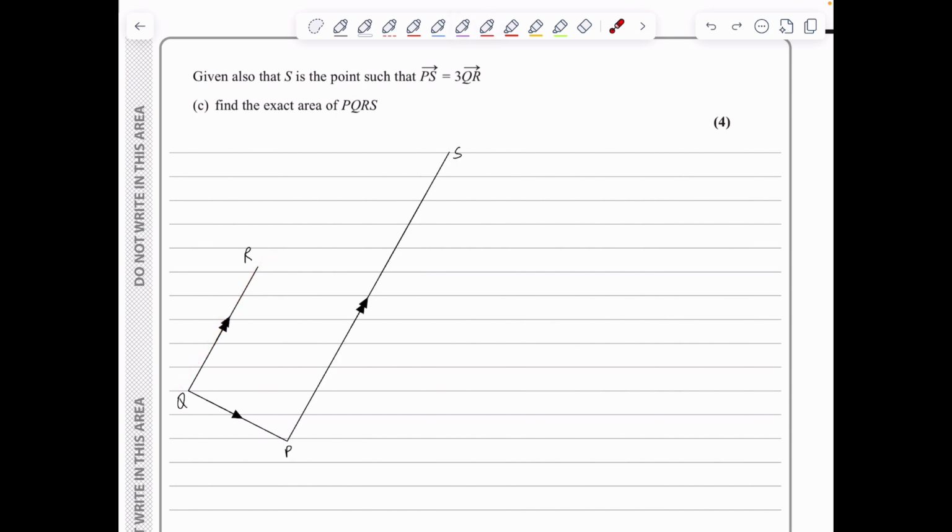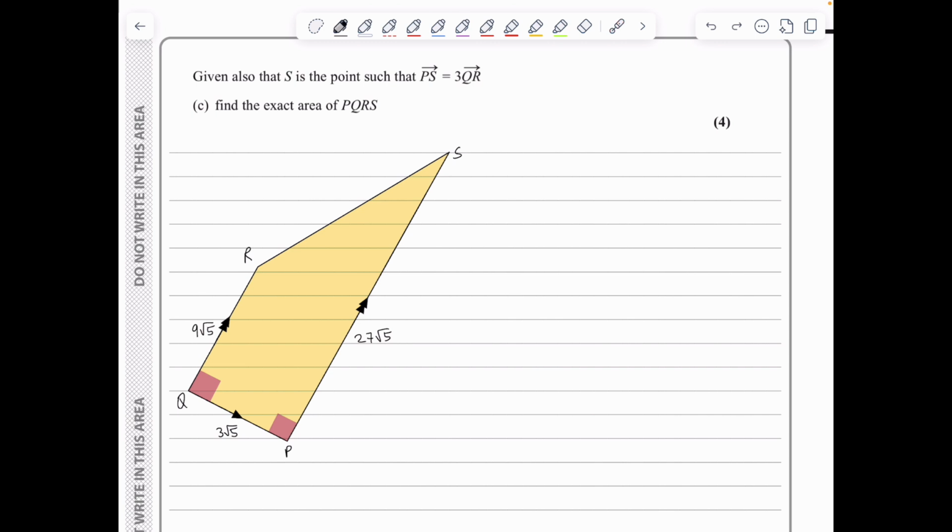So I can join R and S together, so PQRS is a trapezium. We've got right angles here and here, so this is the area we're trying to find. We know that the distance QP is 3 root 5, the distance QR is 9 root 5, and the distance PS must be 3 times the 9 root 5, which is 27 root 5.